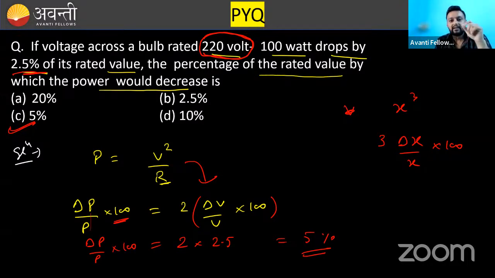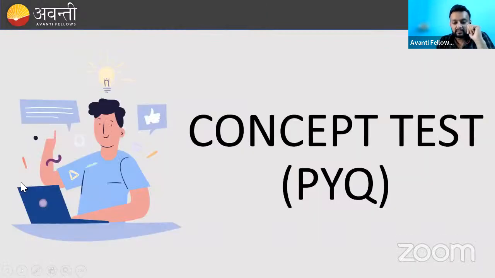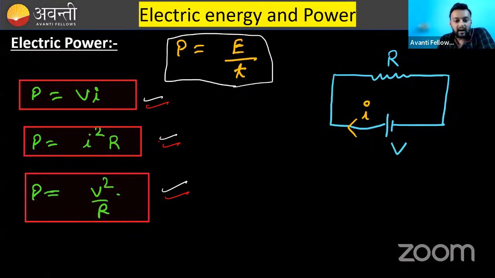Very good, Deepak. If you change the potential, then the current will also change. So that's why we are not using the second relation, that is I square R. Why is it not used? Because we are not given the current. We are given the change in potential, which means there should be a term of potential. This term is not used because I is also variable in it, because if you change the potential, I will also change.